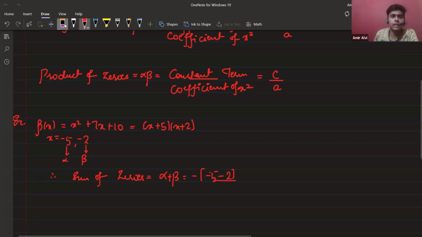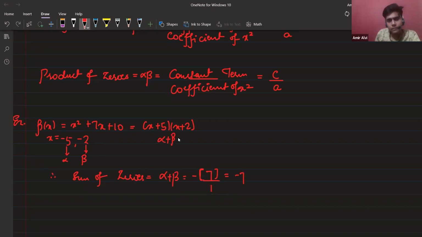What is b here? 7. a is 1, so it is minus 7. If you add alpha and beta, what do you get? -7. Is this relation between zeros and coefficients satisfied? Yes, sir.